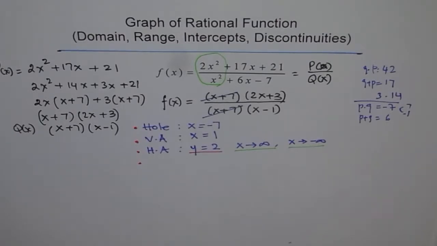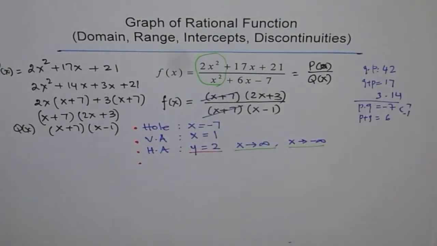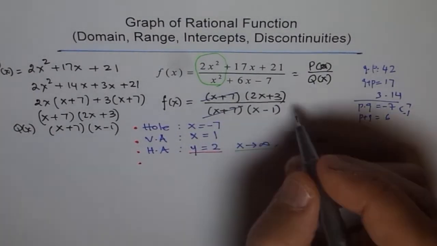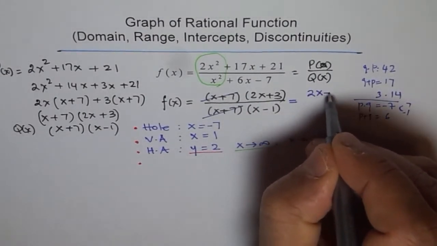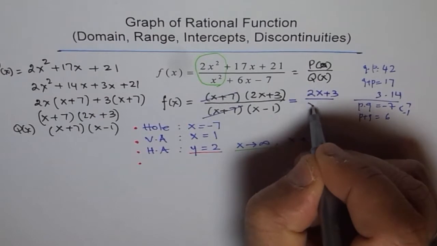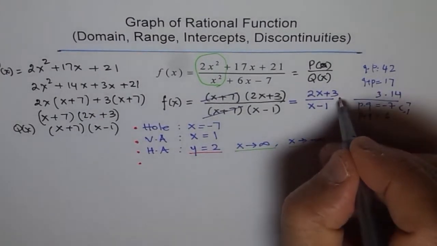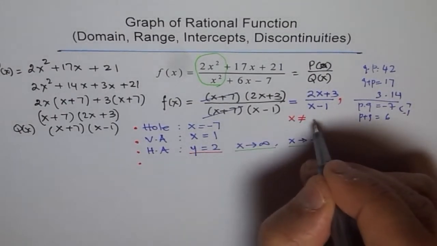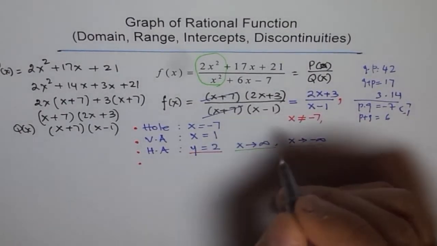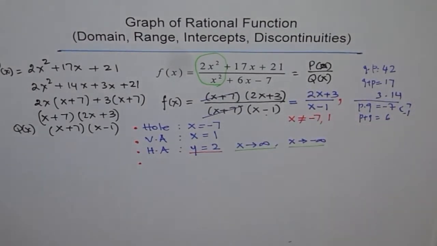Now, when can f(x) be 0? So let me first write this in a form that says, we'll write this as (2x + 3) over (x - 1). An important thing here is, whenever we write like this, we have to write restrictions that x is not equal to -7, that is taking care of this hole, and is not equal to 1, which is this vertical asymptote, correct? So that is most important to write.